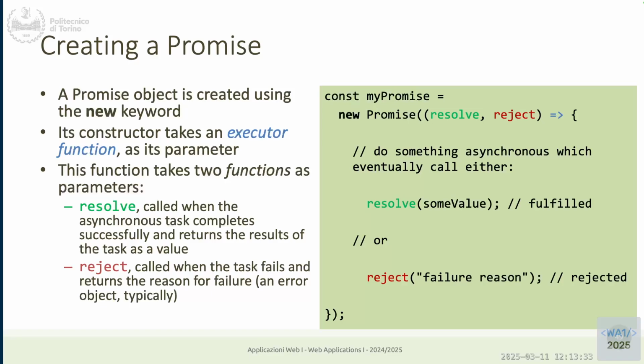So, a promise is an object that you create, a normal object, we can create it with new. New Promise. When you create a promise, it takes one parameter, which is a callback. This callback is something that will be executed asynchronously.